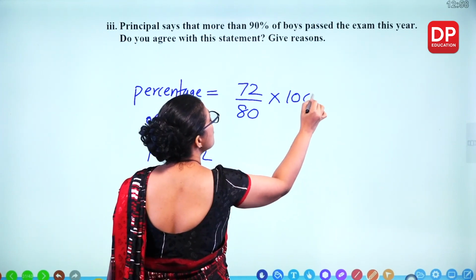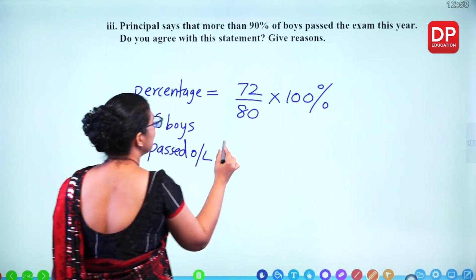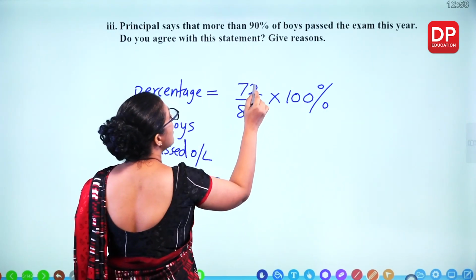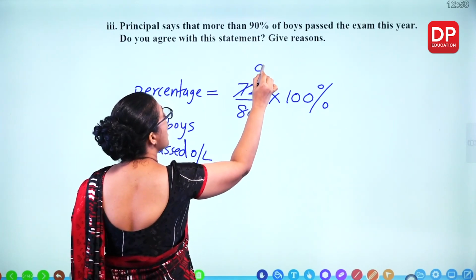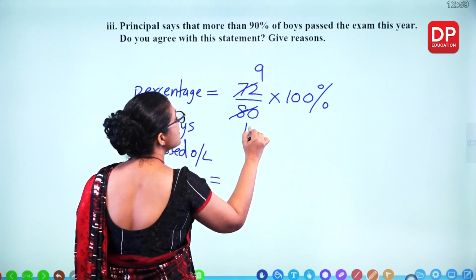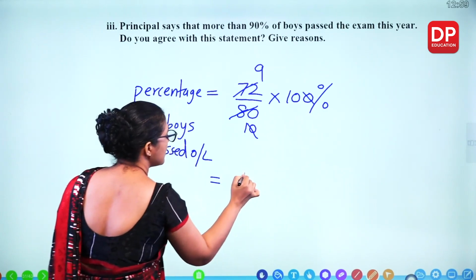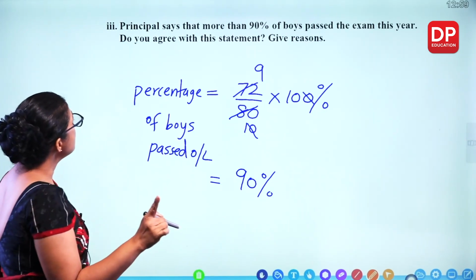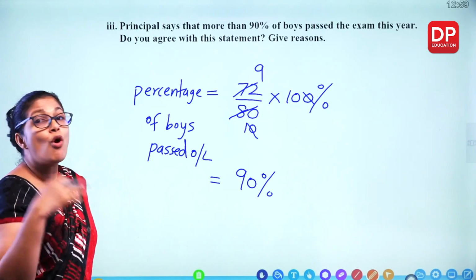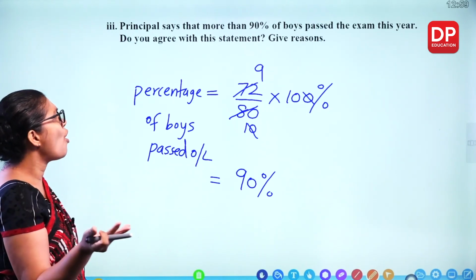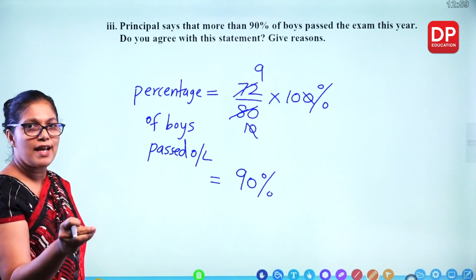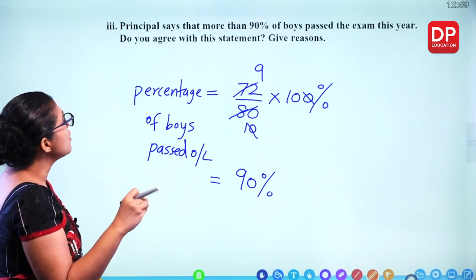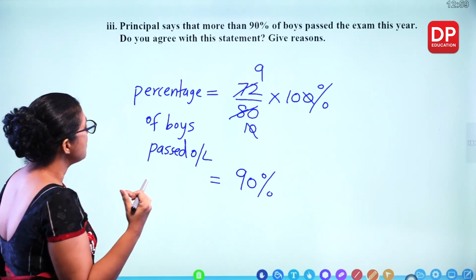As a percentage, you multiply by 100. So what's the value? 8 times 9, 8 times 10. So you get exactly 90%. The principal's statement says more than 90. So that's wrong. It's equal to 90% and not more than 90%.